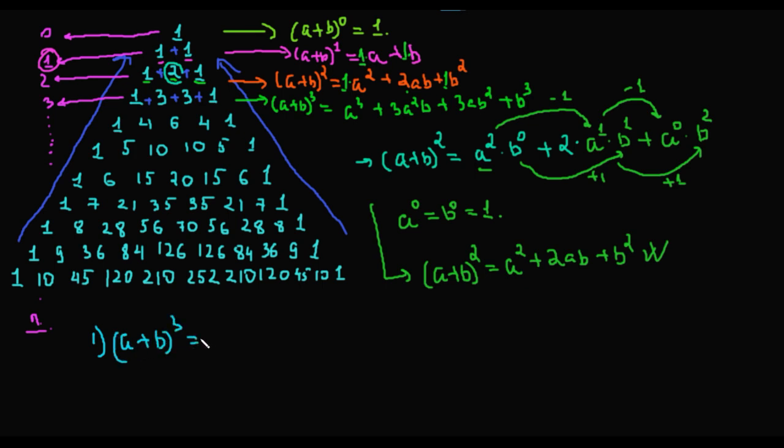Great. The first thing, if we consider the cube, is to look at the third row. We have the coefficients 1, 3, 3 and 1. So the first coefficient is 1. I will not write the 1, I will just leave it.